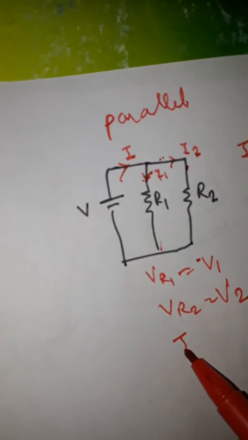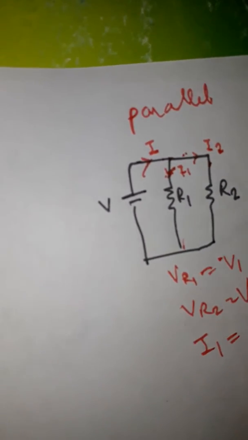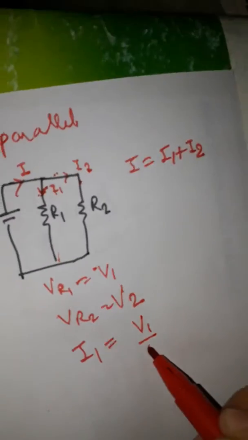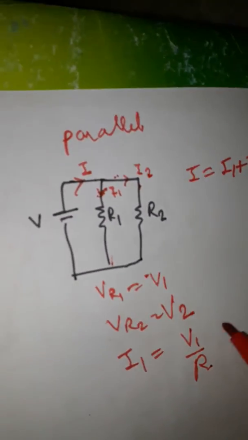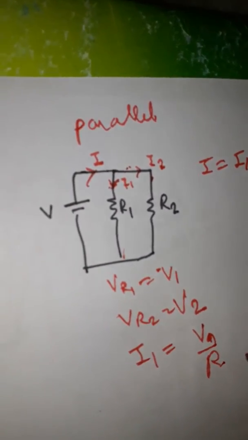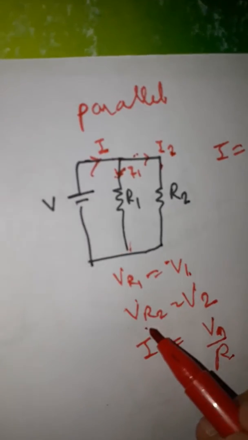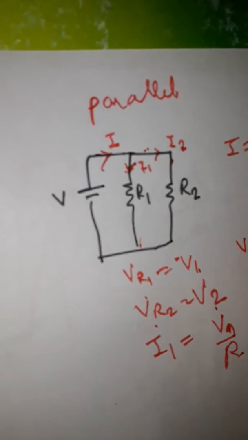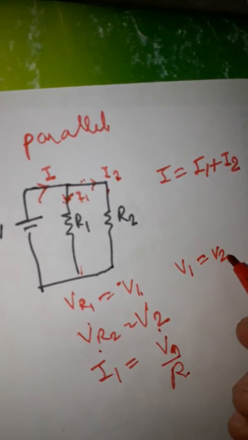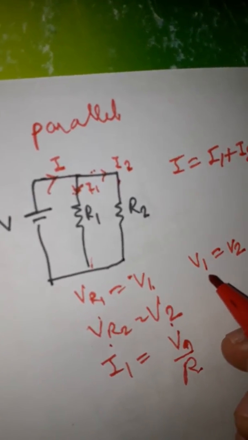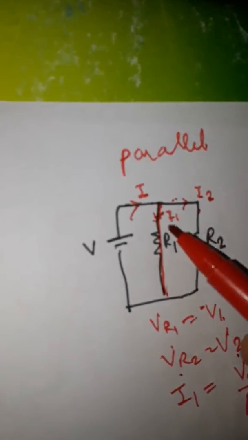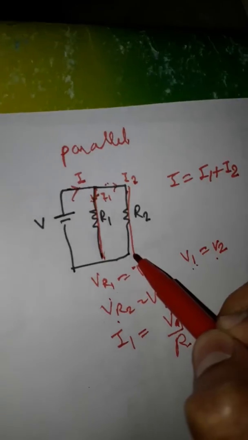Now, how can we find the current? I1 is equal to V1 upon R1. Voltage across R1 is V1, voltage across R2 is V2, but V1 is equal to V2. Don't get confused by V1 and V2. They are nothing but the same. The voltage across this resistance and across this resistance is the same, equal to V.